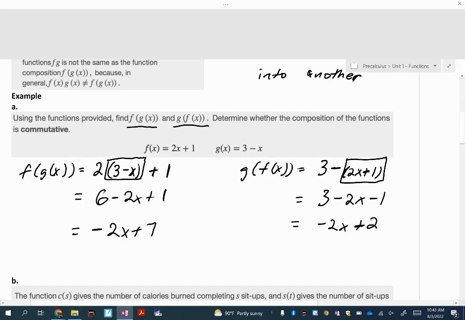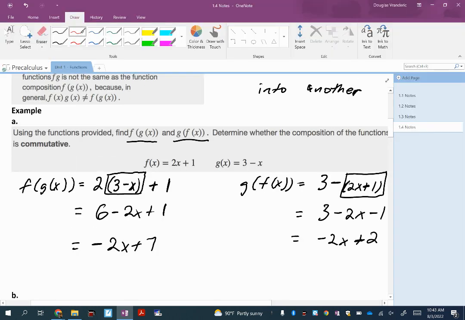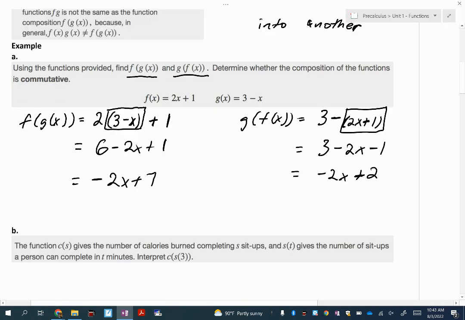This question does say one more thing. It says to determine if the composition of this function is commutative. That's a word that you probably learned for the first time in elementary school, talking about the commutative property. Multiplication is commutative. 4 times 3, 3 times 4 gives the same thing.